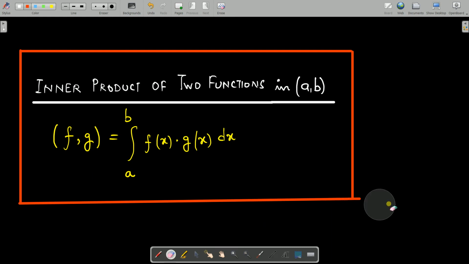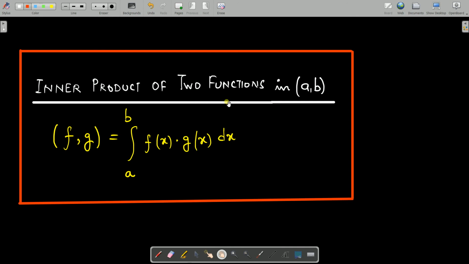Multiply these two functions and integrate with respect to x in that interval a to b.